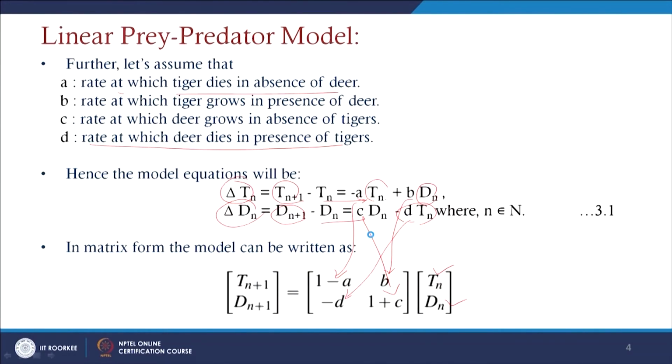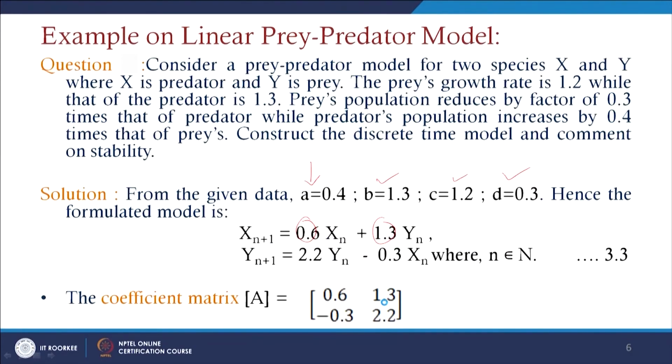If you see here, that is 1 minus A, B and minus D, 1 plus C. The same quantities we are writing here, that is 2.2, since we are writing that one as 1 plus C there. So that is why 2.2 into y_n is present there, and minus 0.3 x_n is present there.